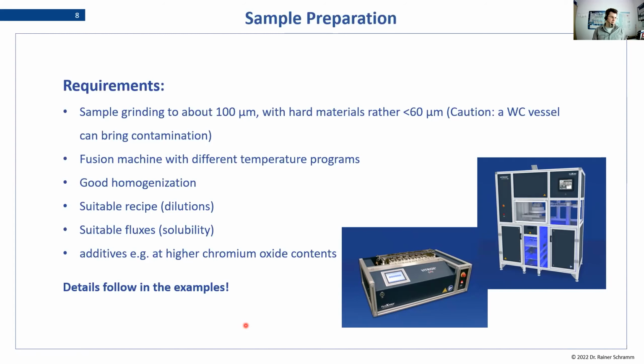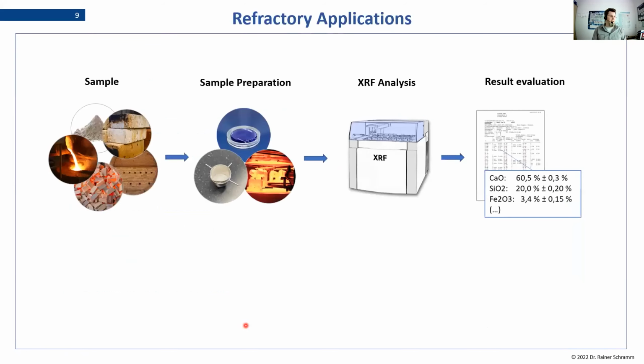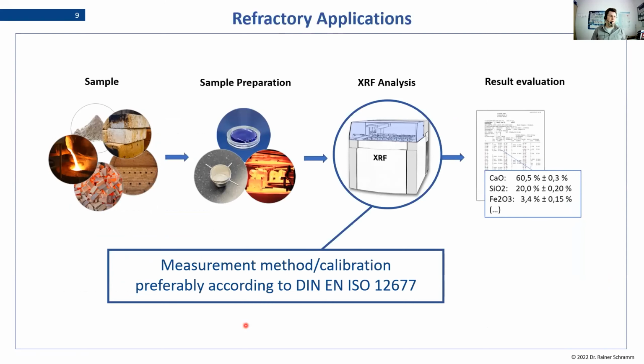So we'll talk a bit about how it's actually done. But before we get into these details, we've covered the sample and the preparation. So the final step to making this an application, to actually even making this maybe a norm-conforming application, is the measurement method, or the parameters we run on our X-ray spectrometer, and of course calibration.